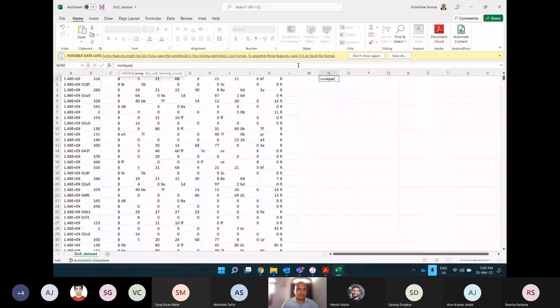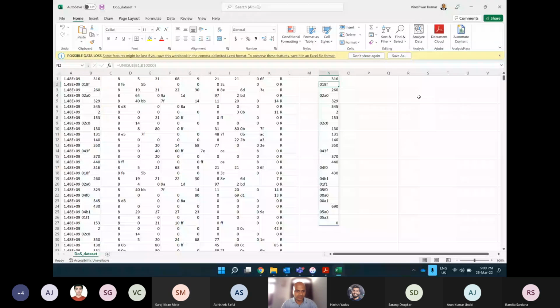Okay, so I have around 26 or 27 unique messages. There is a 0, I don't know what this 0 is, but it seems that we have around 26 unique messages. Okay, so there are 26 messages here. Then the periodicity of 316 is something. Similarly, you will have to figure out what the periodicity of all these messages is.